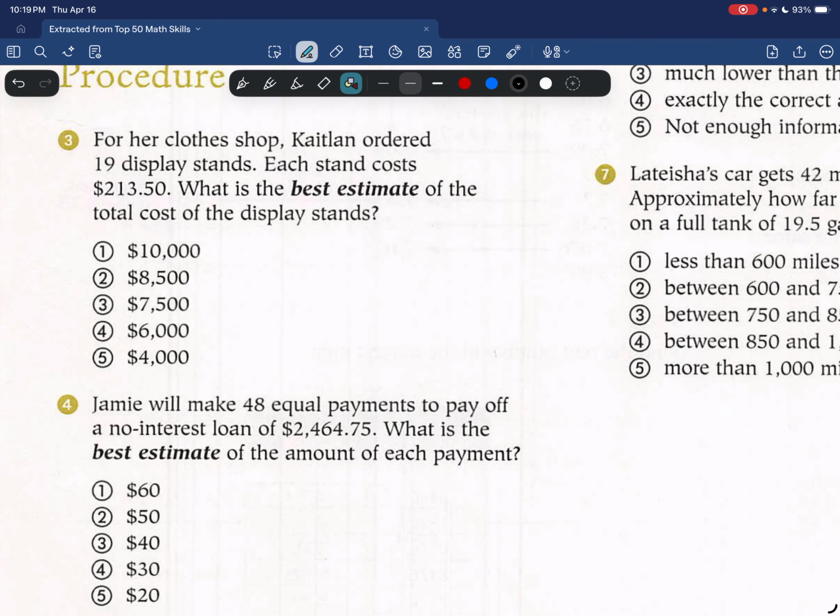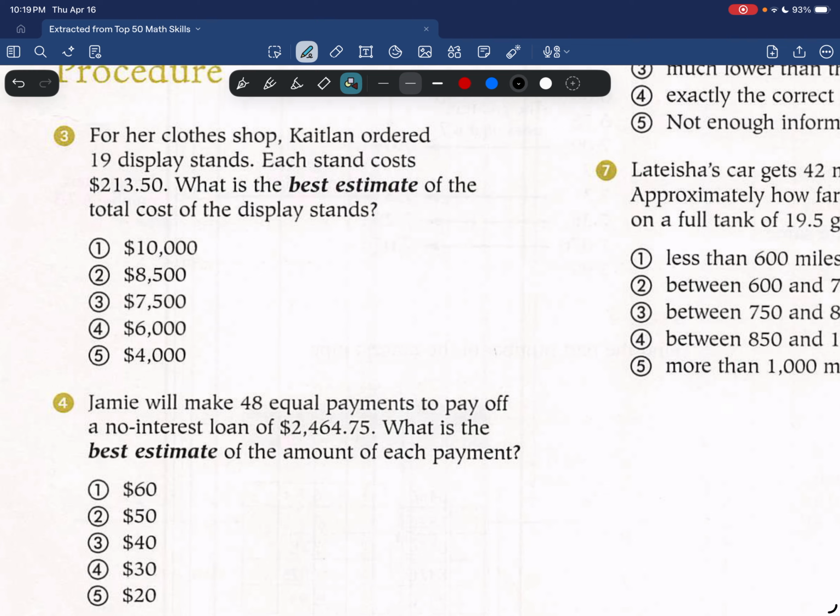Number 3, for her clothes shop, Caitlin ordered 19 display stands. So I'm going to say 19 stands. That is about 20, just using some mental math.